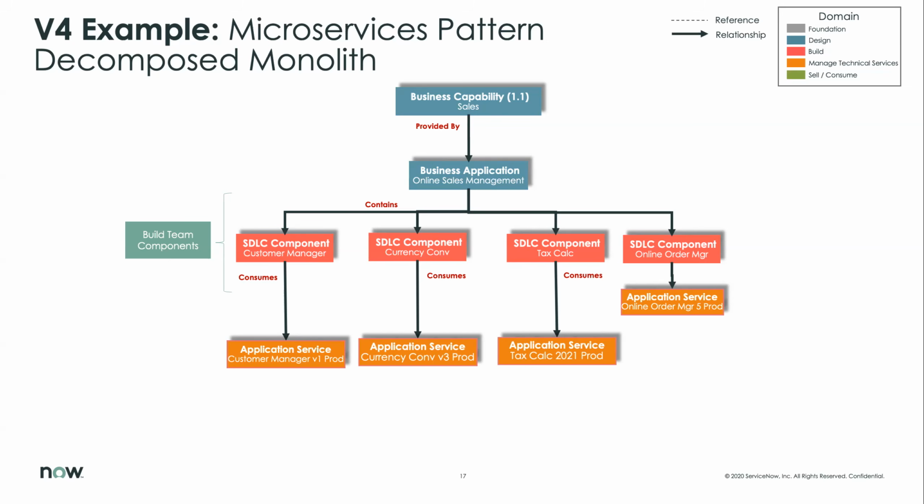So again, SDLC component, the pieces and parts of a business application, each of them are deployed into their own application services. If there is a dependency hierarchy, because they all depend on one particular component as the primary piece of that business application, then those dependency relationships can still be created and understood.